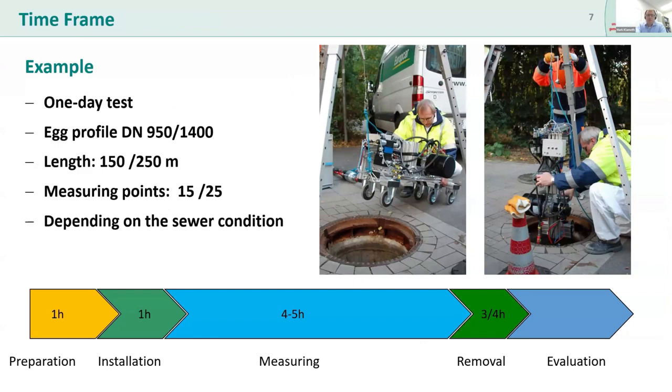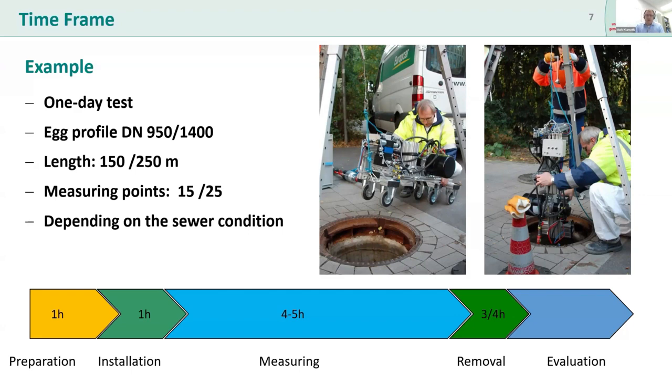The time frame. So let us see an example for typical one-day tests in an X-shaped profile we once had in a DN 950 over 1400. Typical examination length per day you can do with the device is also depending on the condition of the sewer.